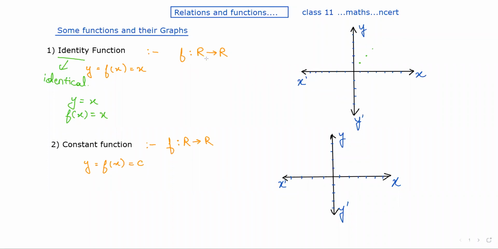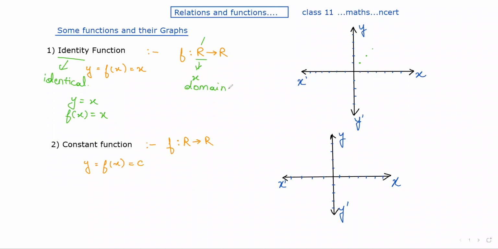So let's consider x to be real. That means you're considering every value on this number line. R represents your domain, and this R represents what you're getting. So we'll come to the second R later. The first R is the value of x, all the values of x that you can place, or this is your domain.